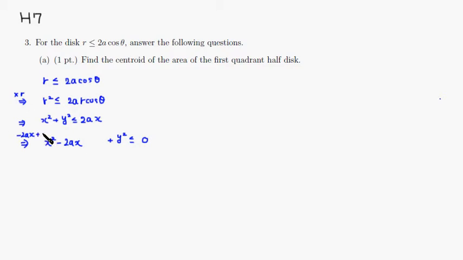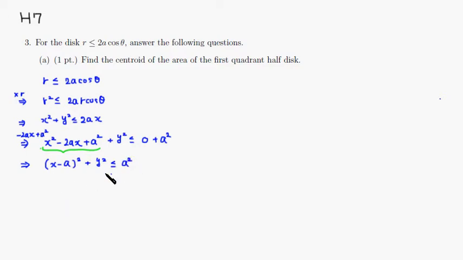This gives the equation of a circle, because using these three terms together we can create x minus a, squared, plus y squared is less than or equal to a squared.